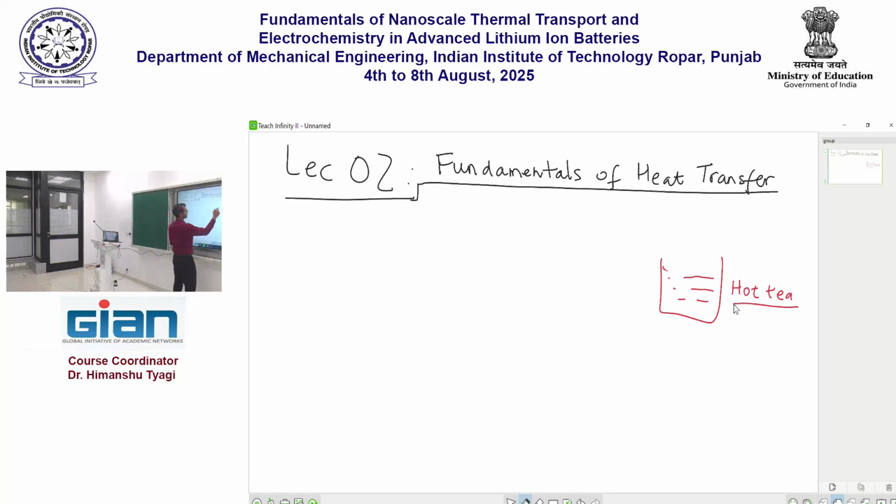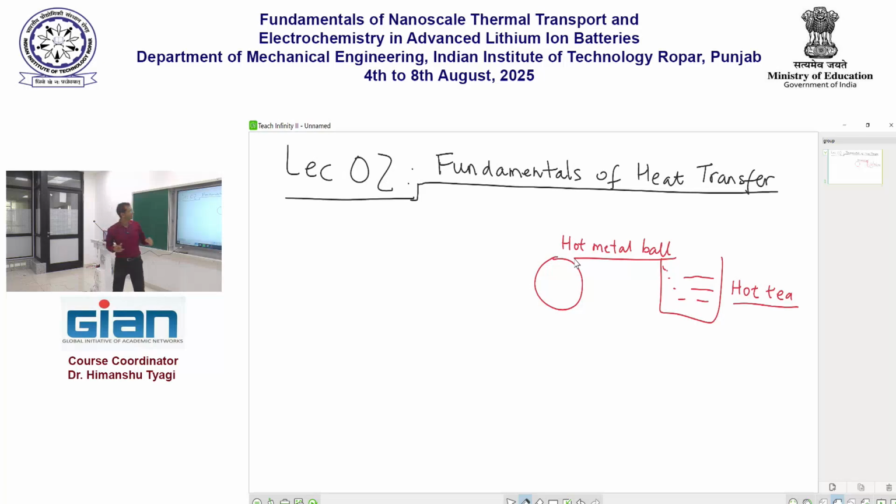Or instead of a hot tea, if I have a hot metal ball, this metal ball has just come out of the oven, some manufacturing process, right? I lay it down, and as time passes, its energy goes down, right? How do I characterize its energy?